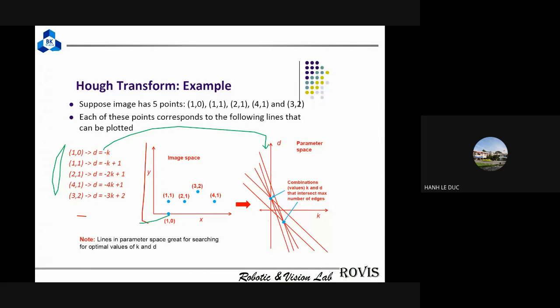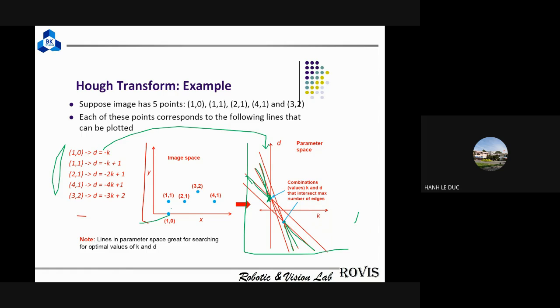We have 3 lines connecting here, and another 3 lines connecting here. That means in the original space we will have a line going through 3 points, because in this graph we have 3 lines intersecting.